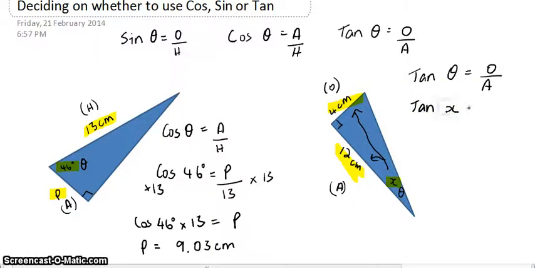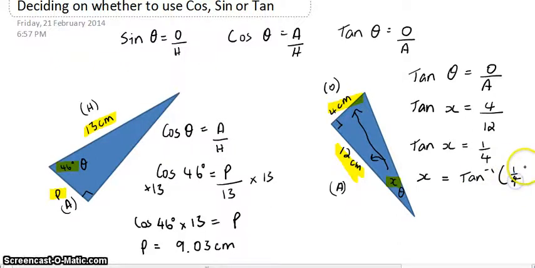Again, replacing our letters where necessary. Opposite is 4, adjacent is 12, and we have tan x is equal to, simplified, 1/3. And we know we're going to use shift inverse tan, so we know x is going to be tan to the negative 1 of 1/3.